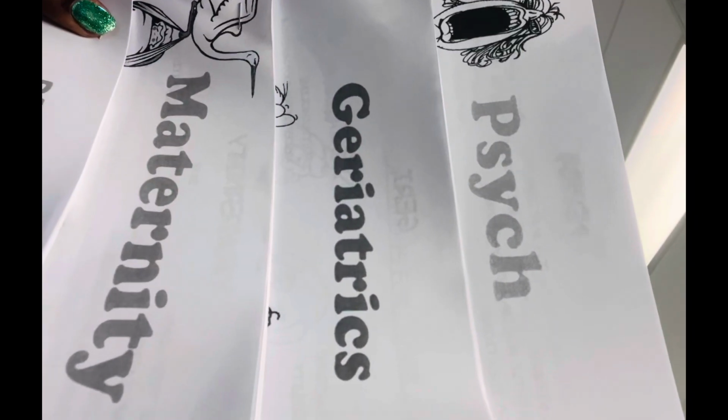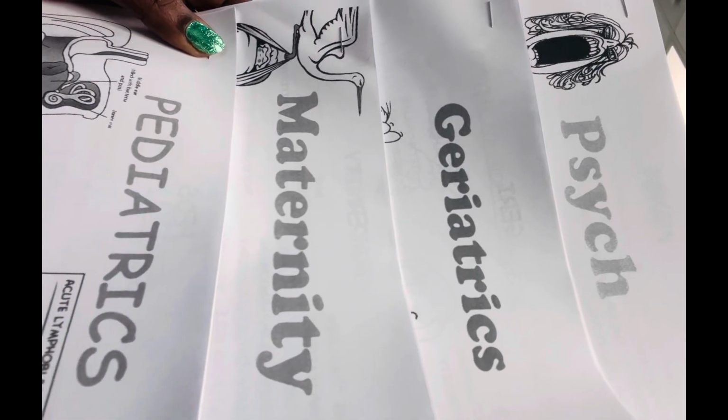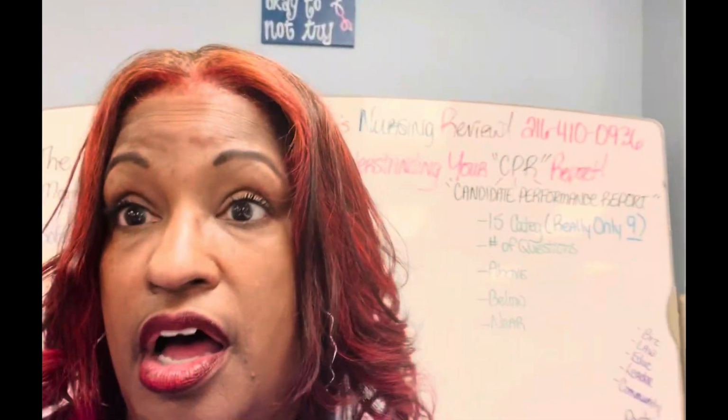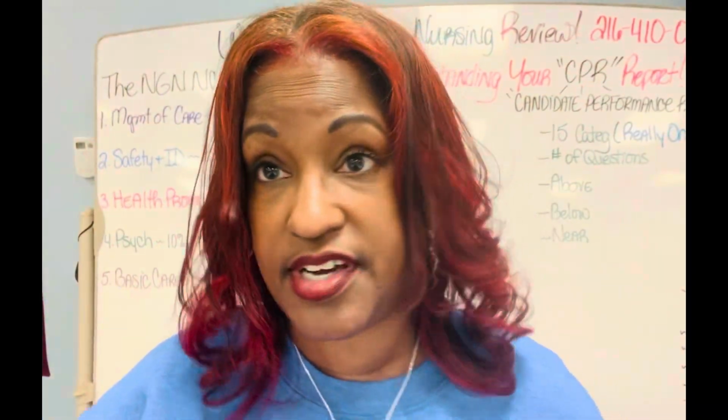Immunology, and then the specialty areas, you know, that health promotion and maintenance, your psych, your geriatrics, your maternity, your pediatrics, your growth and development, even pre-op. Those are usually what we see that you actually need because that is all of the subjects. Now, that's called a self-study.